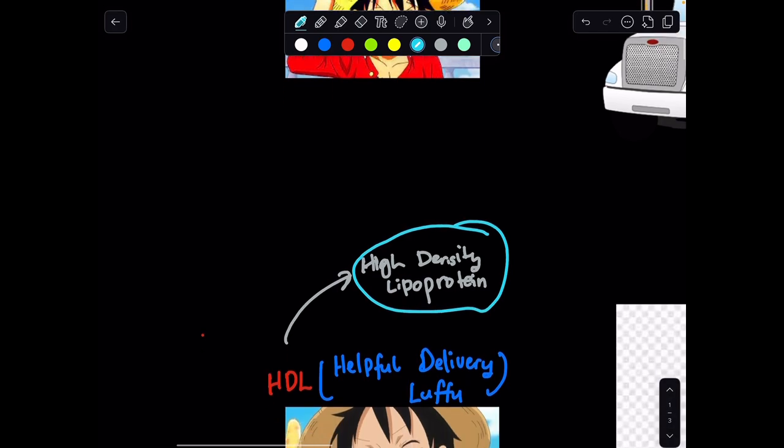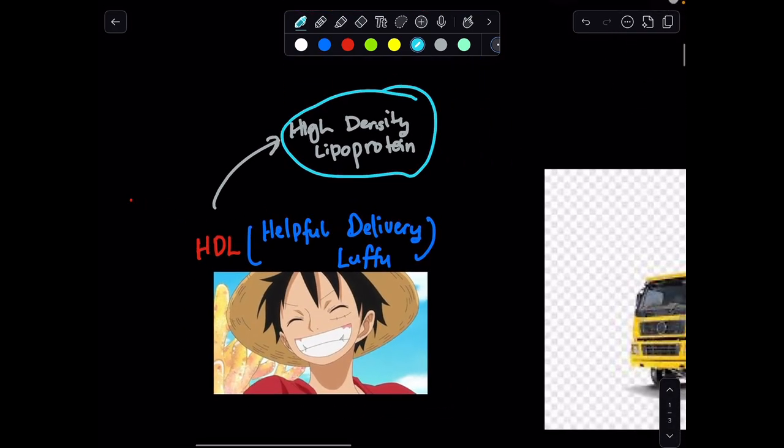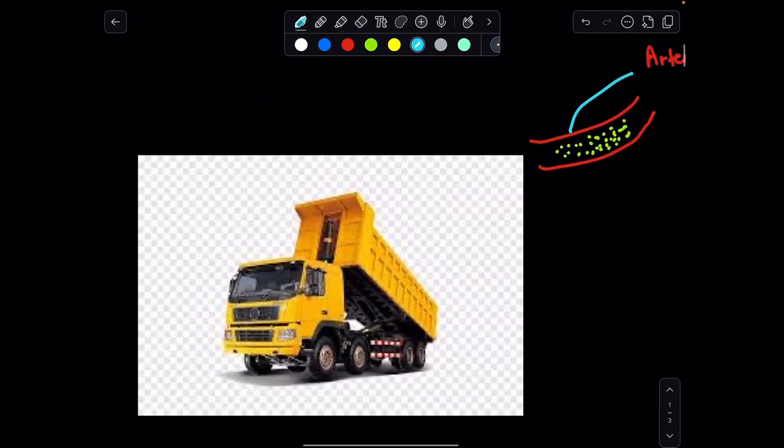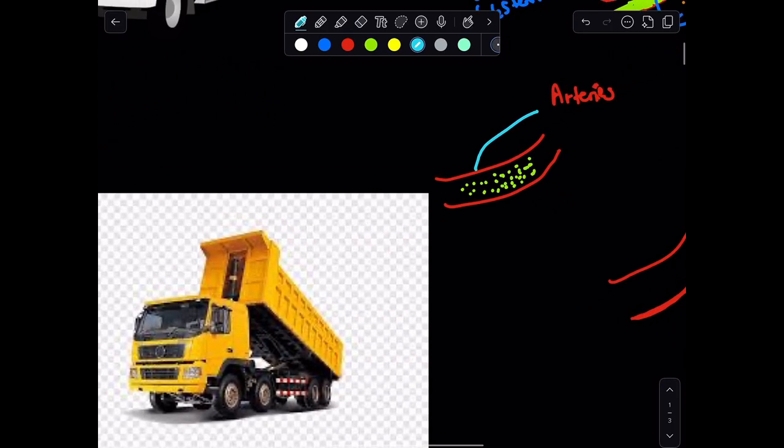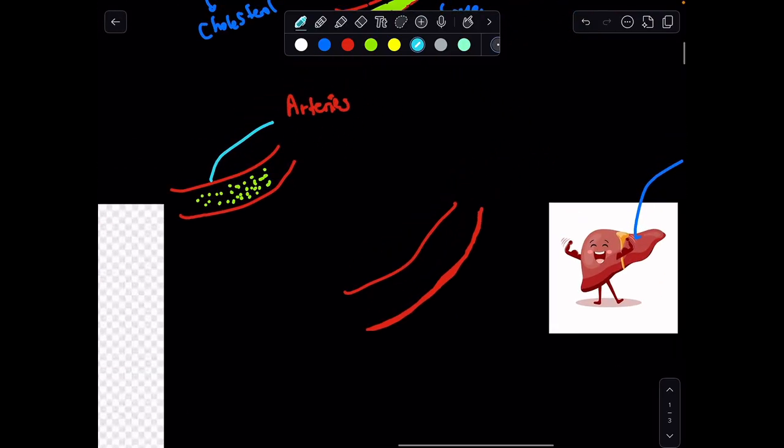So the next delivery driver is helpful delivery Luffy. Helpful delivery Luffy goes to the arteries, picks up the cholesterol, and takes it to the liver. This is very important.